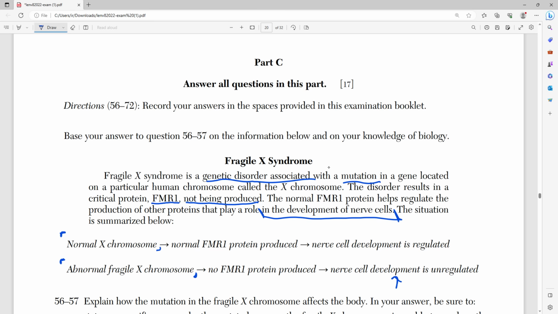You could have a deletion mutation, where the mutation completely deletes one base or deletes an entire set of bases. That's a deletion mutation. There's also a frame shift.